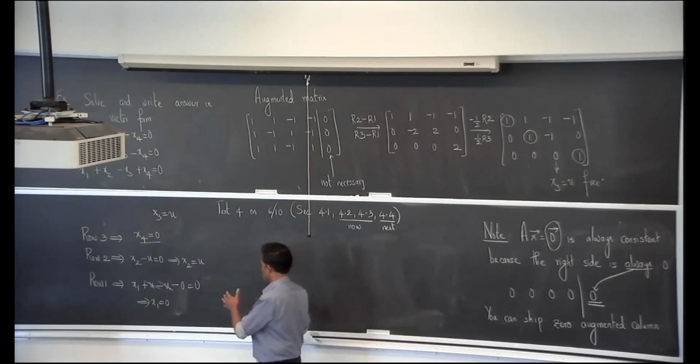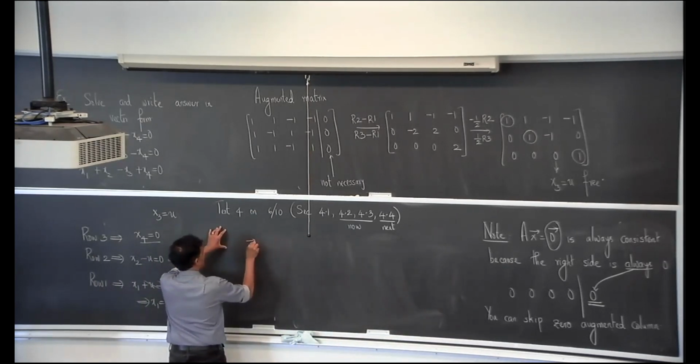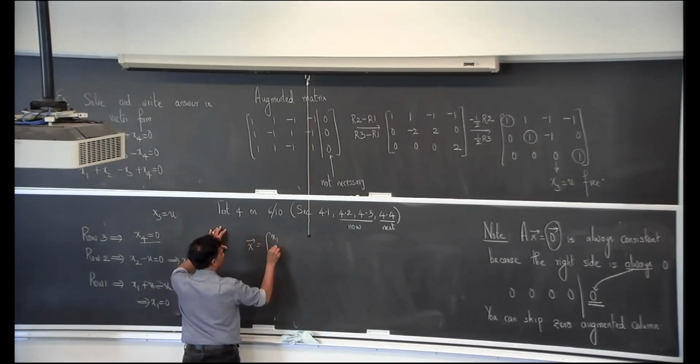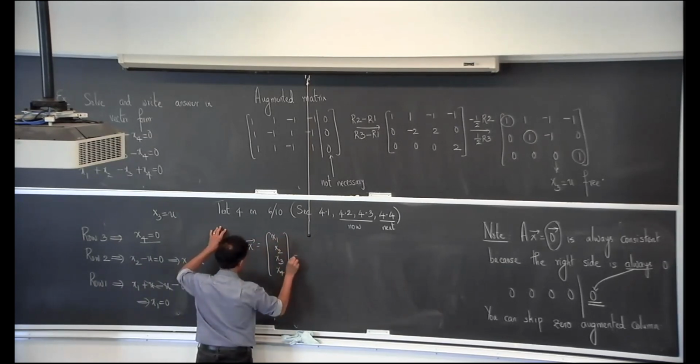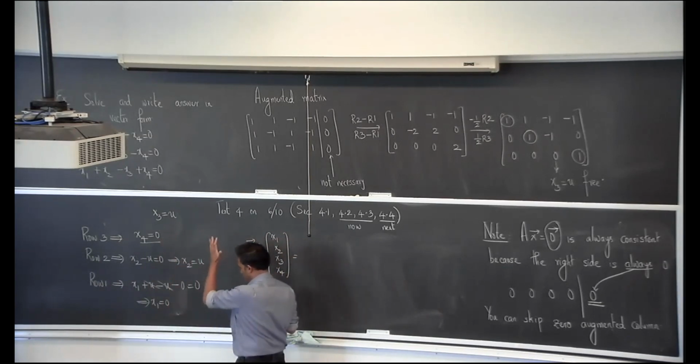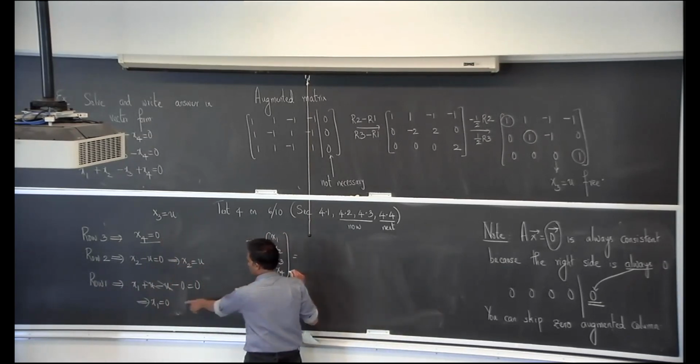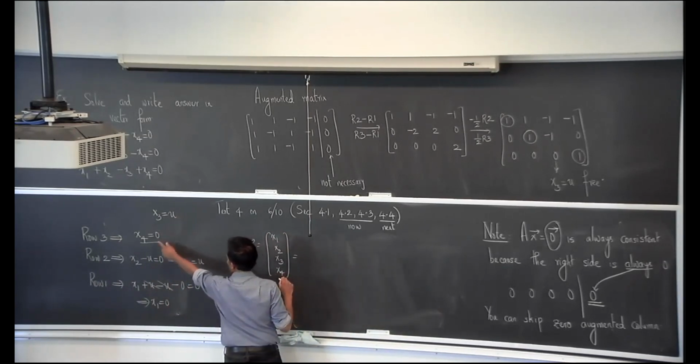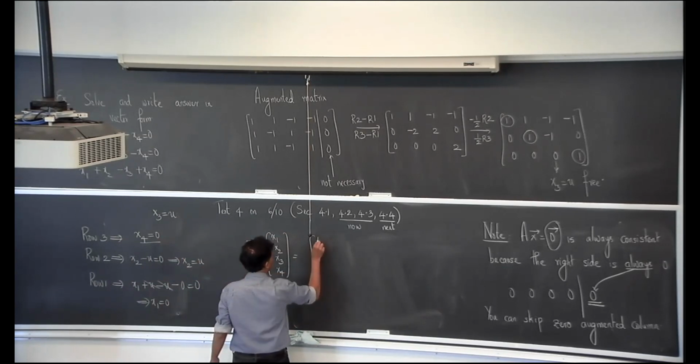So if you write your solution now, x equal to x1, x2, x3, x4. And there's only one free variable, so it's going to look like one column here. So x1 is 0, x2 is u, x3 is u, x4 is 0. So 0, u, u, 0.